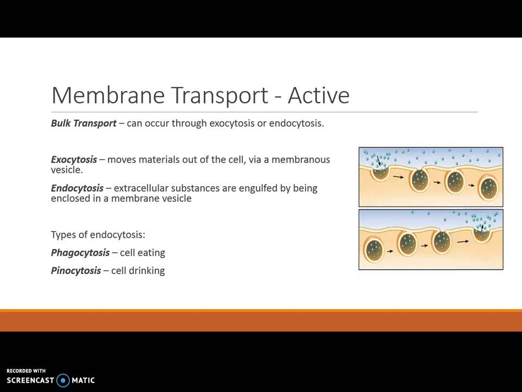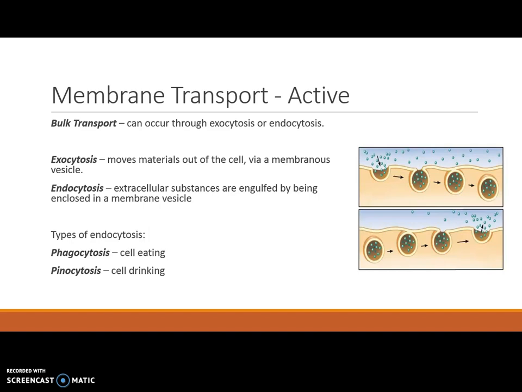Then there's the bulk transport method, which can be either endocytosis, which means bringing into the cell, or exocytosis, which means exiting the cell. Essentially, the cell ingests the molecule by enveloping it into a portion of the cell membrane. That portion pinches off and becomes a vesicle to move the molecule to its destination, either inside the cell or outside the cell.